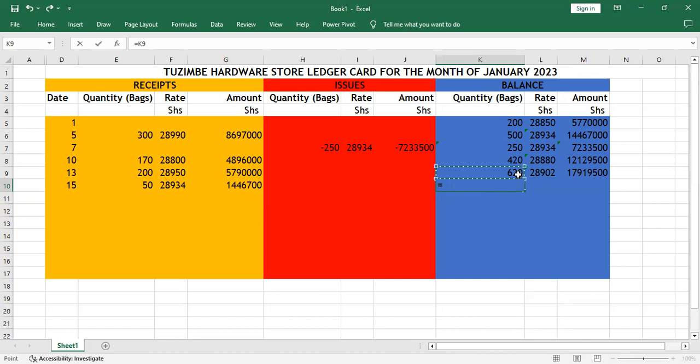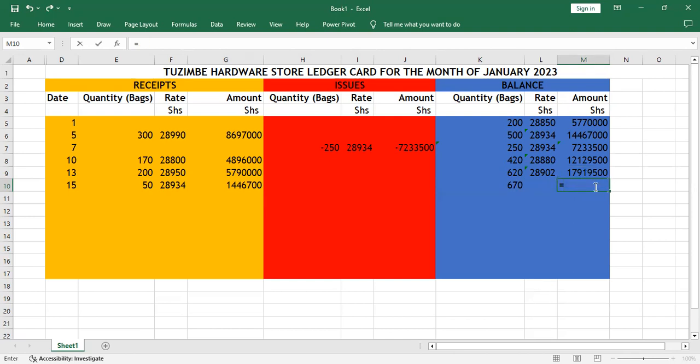Don't forget to calculate your balance. It's 620 plus 50, giving us 670. Don't forget to calculate the amount column of the balance, whereby you get the total cost of the goods available for sale, then the number of units available for sale.